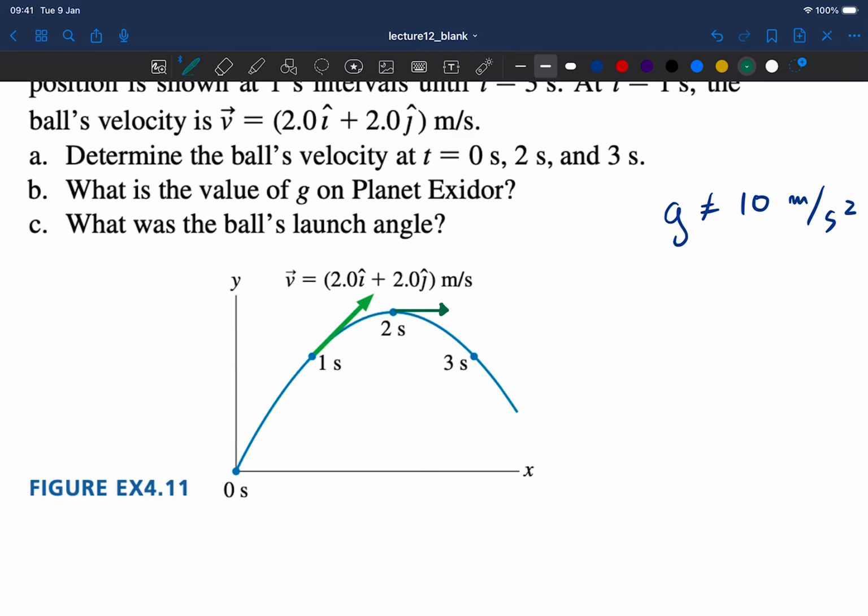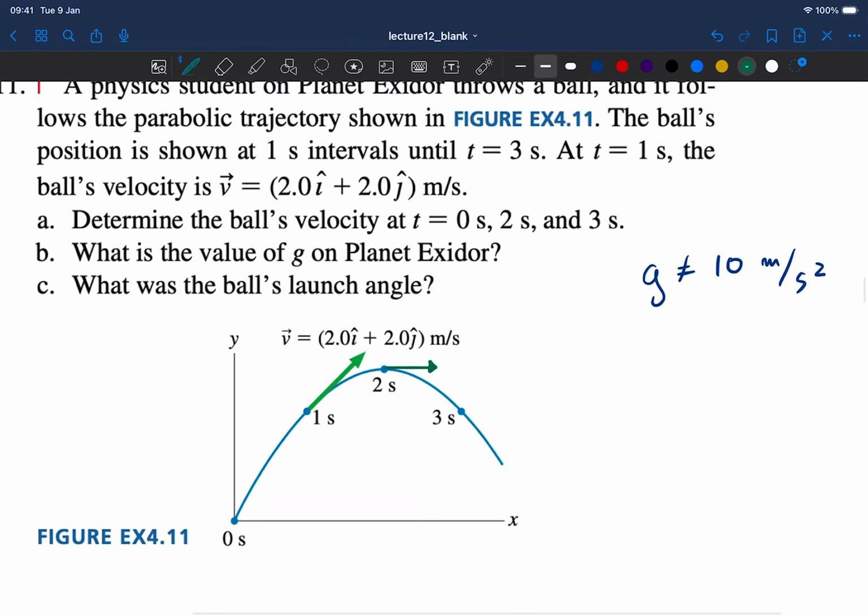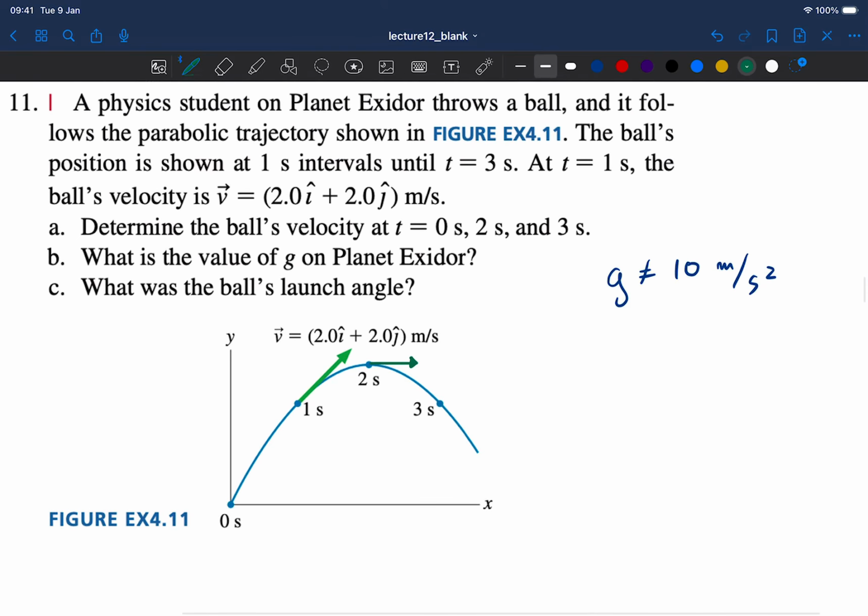That's the definition of the highest point, right? Because if it still has some vertical component of the velocity, that means it has not reached the highest point. And then at 3 seconds, which is after the highest point, the velocity starts to point down like this.